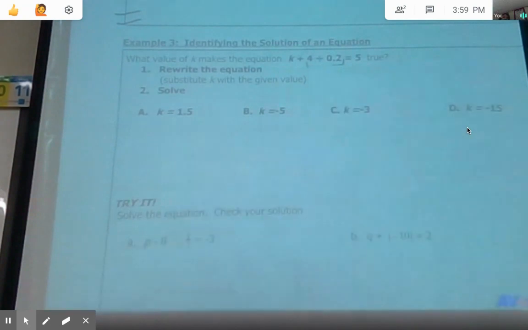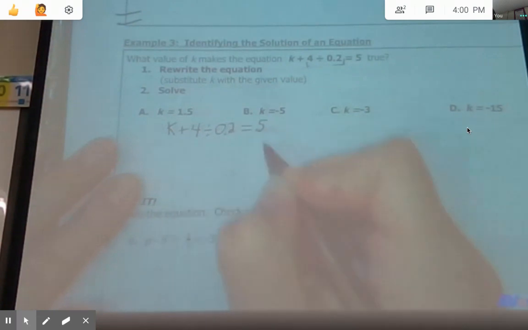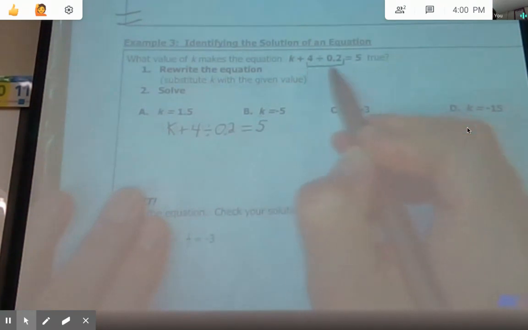Okay, so let's follow the steps for solving this equation. The first thing I need to do is rewrite the equation, and I'm going to rewrite it here. K plus 4 divided by 2/10 is 5. Okay, the next thing I need to do now is I need to resolve this division.